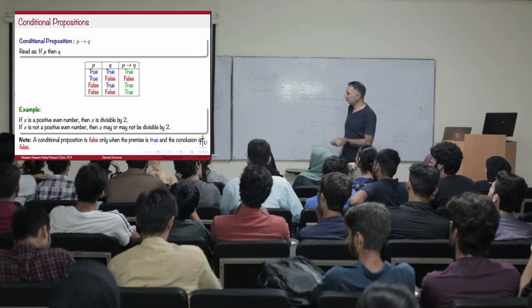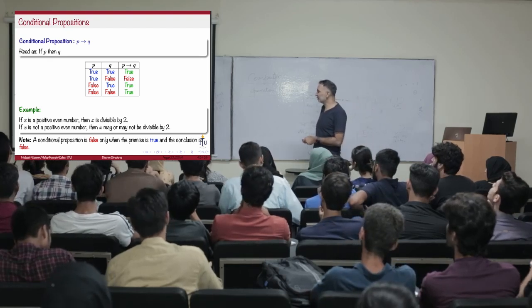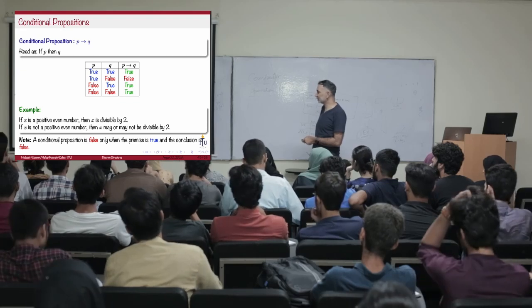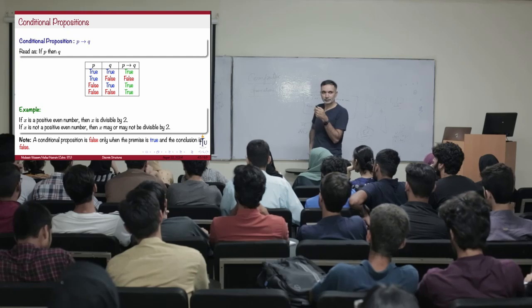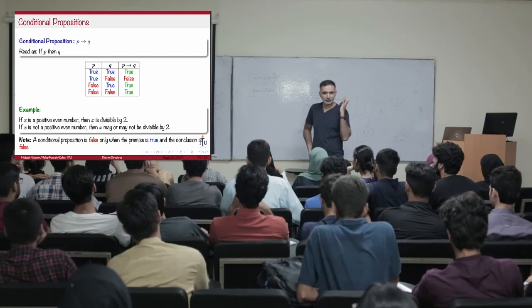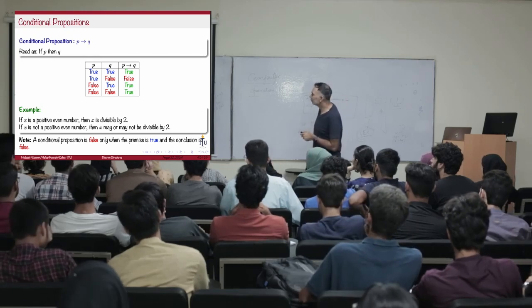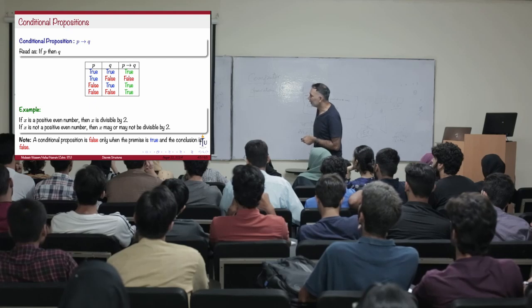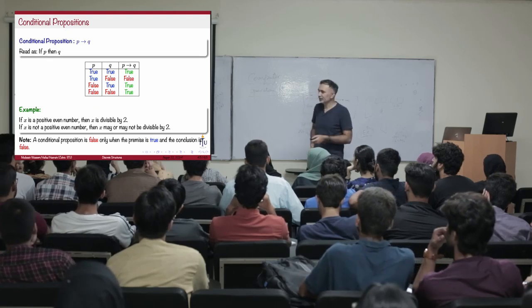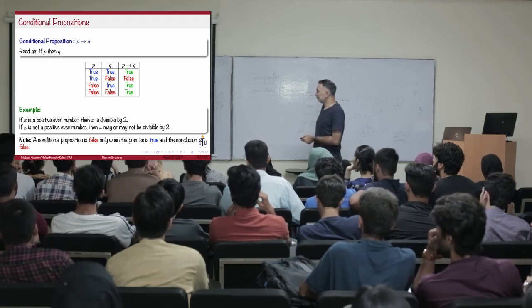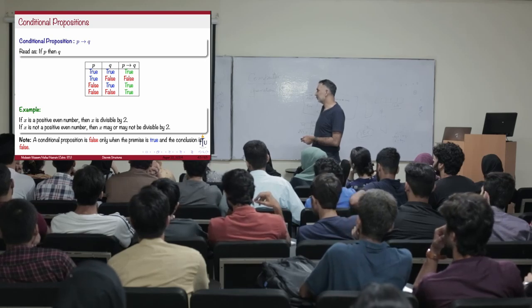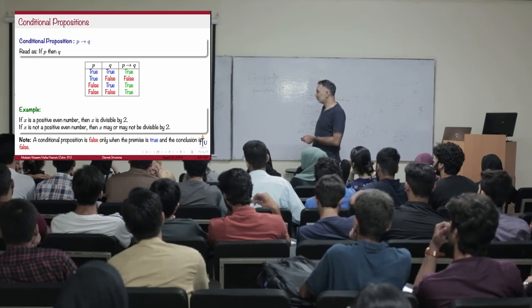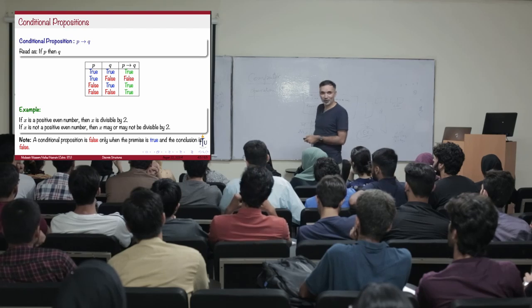All right. As an example, if x is a positive even integer, then x is divisible by 2. Is it a true statement? Yeah, that's the definition of even numbers, right? It's true. Now, if x is not a positive even integer, then x may or may not be divisible by 2.